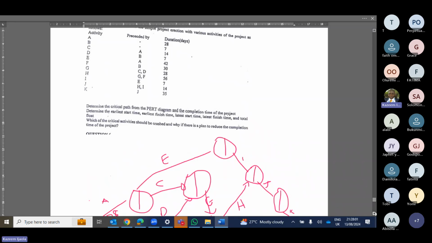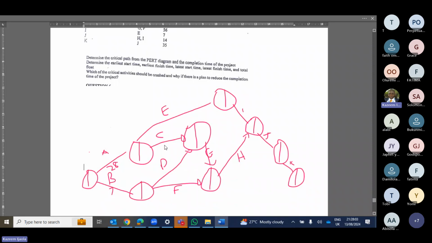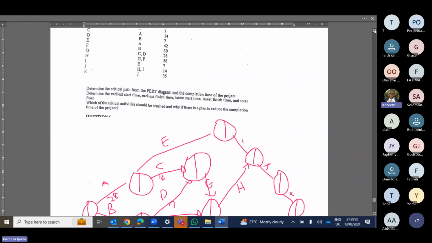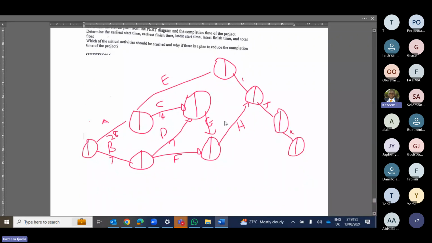So for C, I'll put 14 here, and for D, I will put 7. Then what about E and F? E is 42, and F is 30.